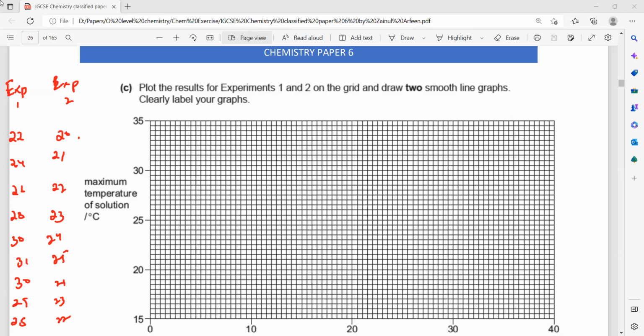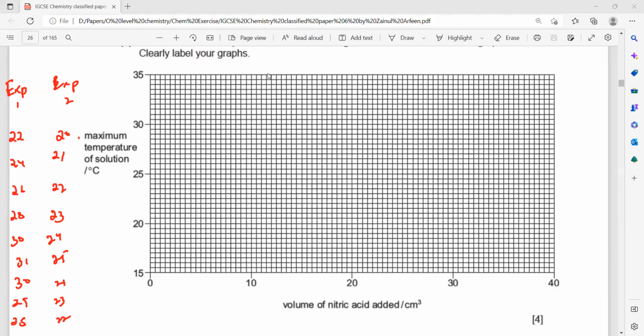So use the grid to mark the points. First, for the axis, it is 20 at 0, and the values in between are not there.